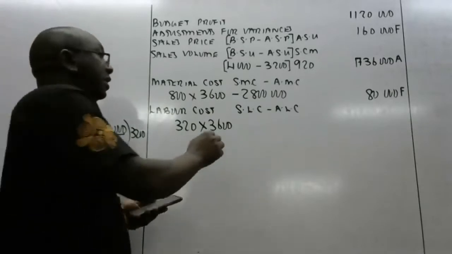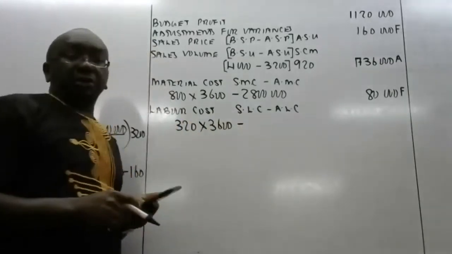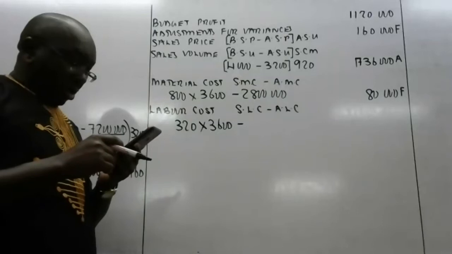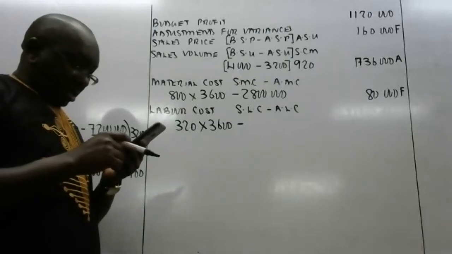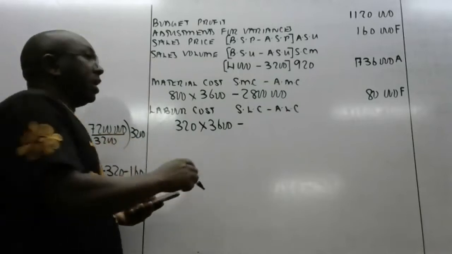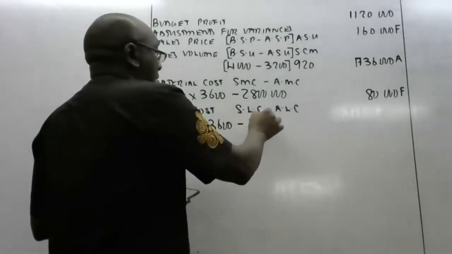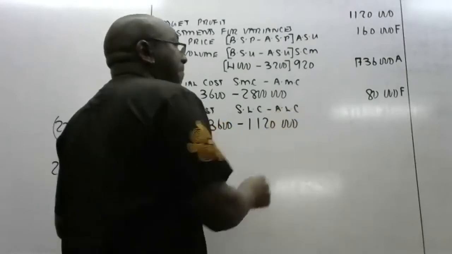Then you subtract the actual labor cost. Going down, the actual labor cost is 1,120,000.